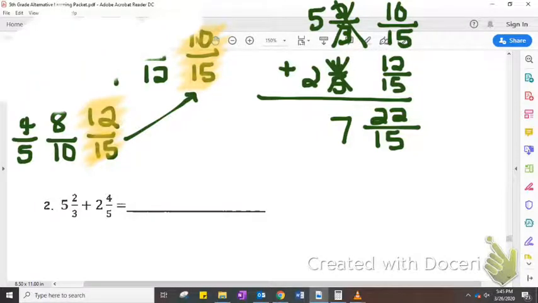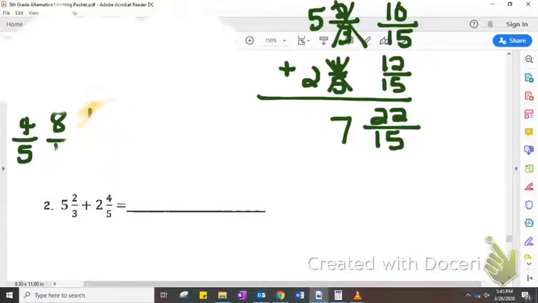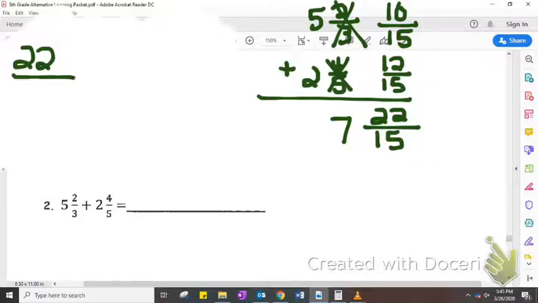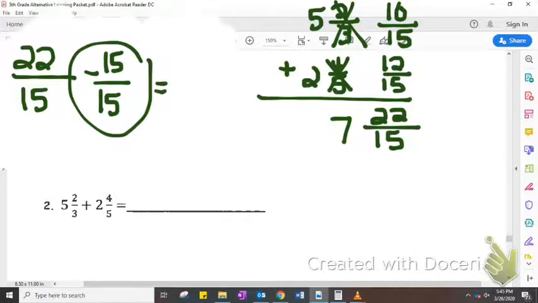So you can already see that it's not in simplest form because it's an improper fraction. 22/15. So I can subtract out a whole. 22 minus 15 is 7, so this becomes 7/15.